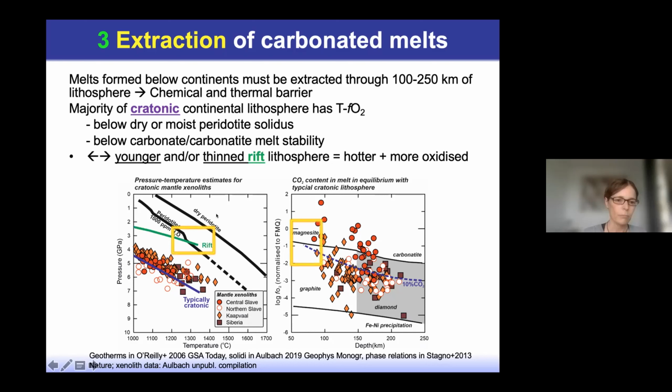When we go to rifts, which might have cut and already rejuvenated cratonic lithosphere, we can see that we have much higher geothermal gradients, and we also have higher oxygen fugacities, which allow for the stability of CO2 or carbonates.